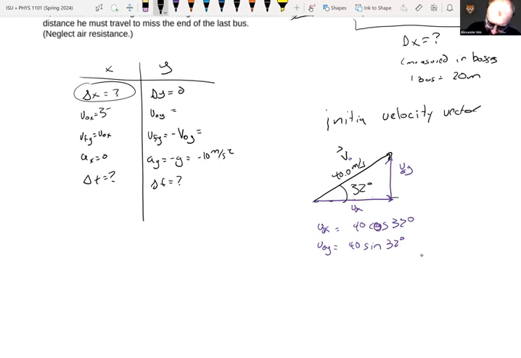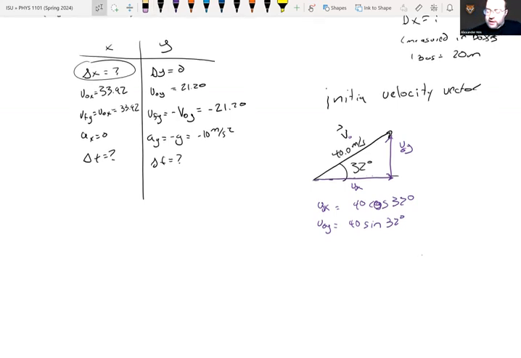This ends up being 33.92 for the X, and 21.20 for the Y. And then from there, V final Y is negative 21.20, and V sub X is equal to 33.92.